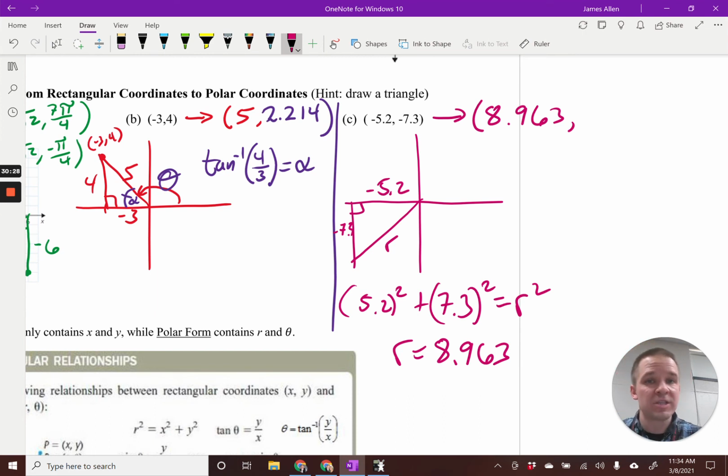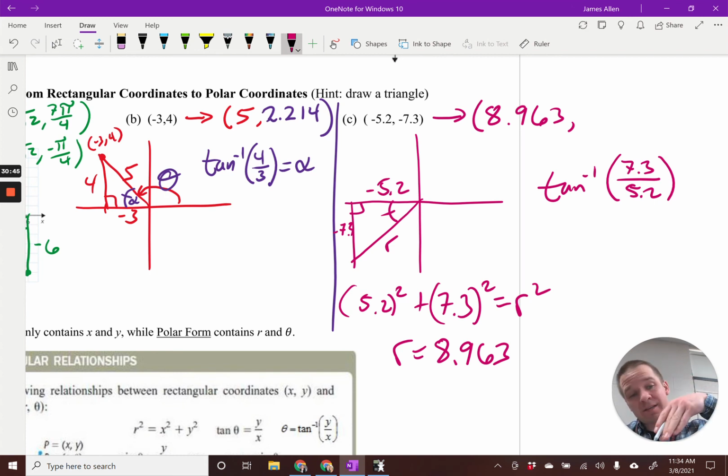Now I need my theta. This is where the trig comes in, right? So I'm going to do tangent inverse. I want to get this angle first. So tangent inverse of 7.3 over 5.2. That'll give me my reference angle. And then in this case, since I'm moving past pi, I'll go pi plus that reference angle.